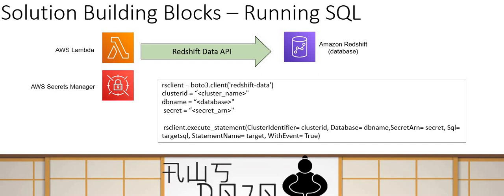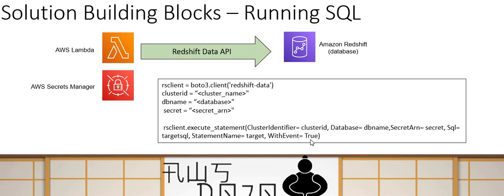So it's pretty straightforward. I am simply doing execute statement on this cluster, on this database, using this credential. This is the SQL statement I want to run, and this is the name I want to give it, so that every statement I'm running has a name.